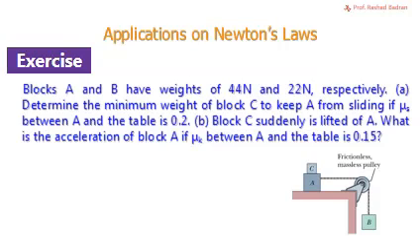And another block C is placed over block A. In this case, the system is in equilibrium, and you are asked to find the weight of block C that keeps block A from sliding. It means to keep the whole system in equilibrium.